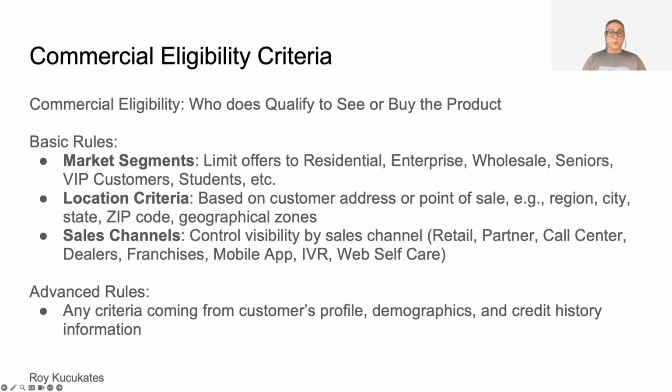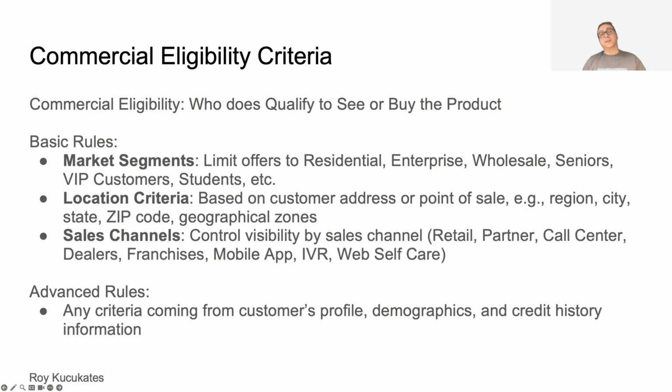Sometimes you may want to make some product offering eligible to be sold in special channels, for example, retailers or some dealers that you're working with, and some through web self-care channel or IVR or mobile application, etc. And there may be other advanced rules on top of these three basic ones, based on the customer's profile, demographics, and credit history information of the customer.